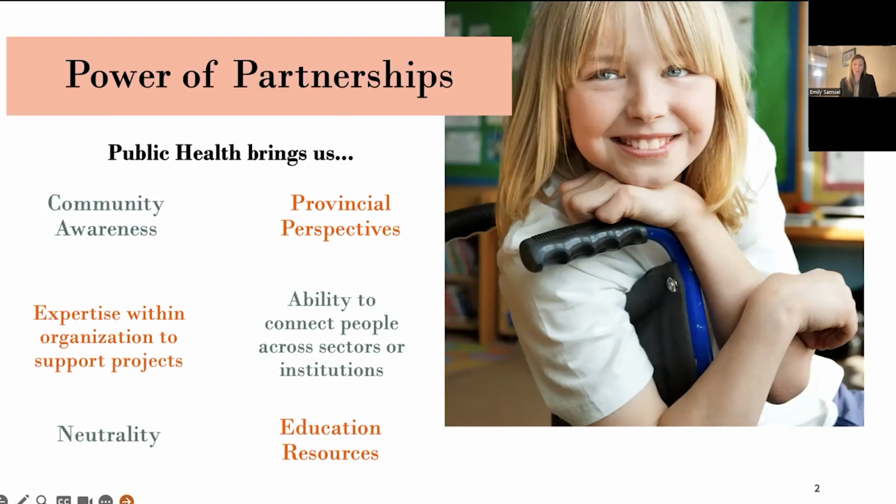And so the first thing I would say, the power comes out of that community awareness. While I have a very good idea of the strengths and needs of children and school-age children particularly, our health unit partners are able to bring a broader community awareness. They're also able to pinpoint with their own data and their own experts, who may also sit at a system level, some of the needs in various communities.